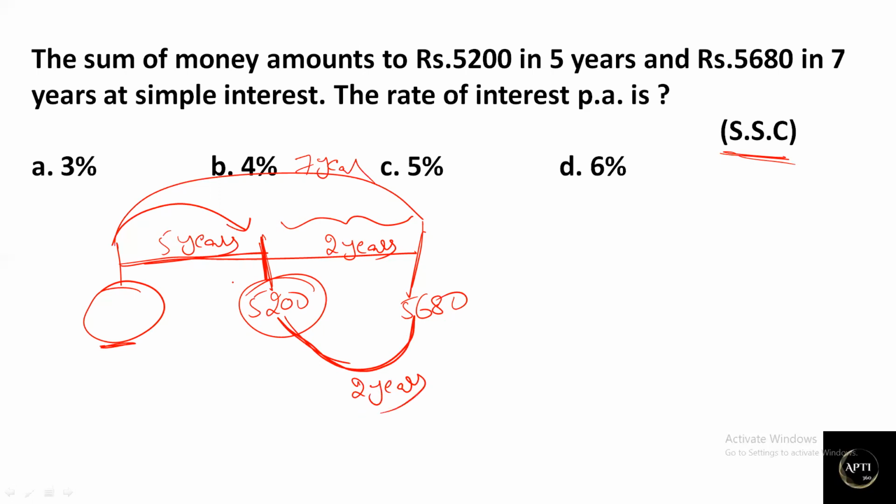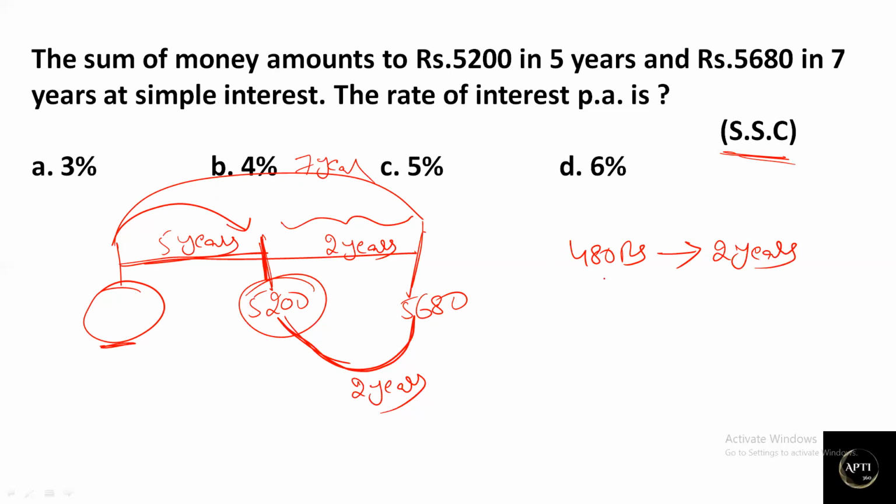Now what's the difference here? The difference is 480 rupees. This 480 rupees difference is in how many years? Only 2 years. 480 rupees in 2 years.